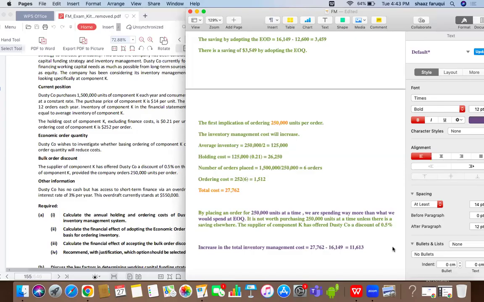However, there is a discount. So we need to see which is more, the increase in the total inventory management cost or the saving because of the discount. Are you understanding? And based on that, we will make our decision. I hope everybody is clear.